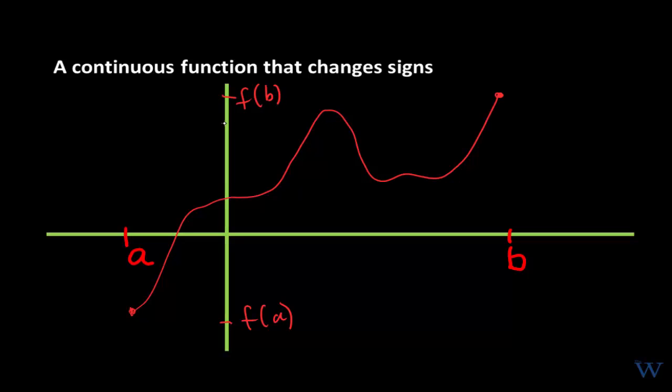And it turns out that f of a is negative, f of b is positive. Then we know that in between a and b, there must be a value c, x equal to c, for which f of c will be 0 because of the intermediate value theorem.